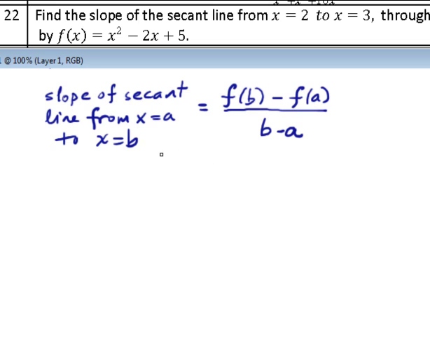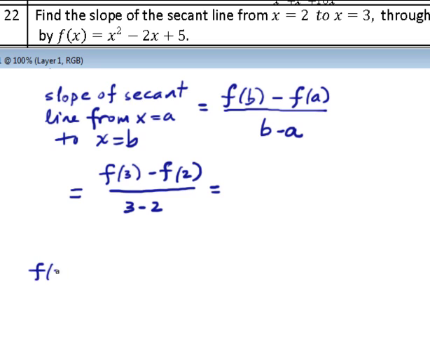But here, for the x values, we use a and b. And for the y values, we use function notation, f of b, f of a, for the corresponding y values. In our case, we have a is equal to 2 and b is equal to 3. So we have f of 3 minus f of 2 over 3 minus 2. So let's figure out f of 3 and f of 2. Maybe we'll do this on the side.